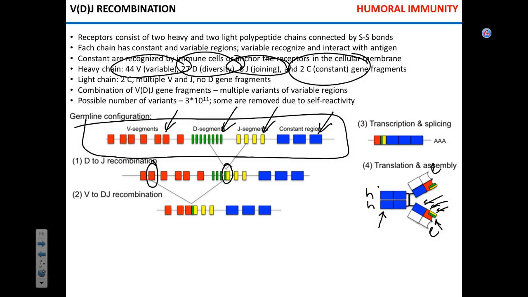The total number of variants, if you combine those V, D, and J fragments, is 3 multiplied by 10 to the power of 11, which gives us 300 billion. It's enough.